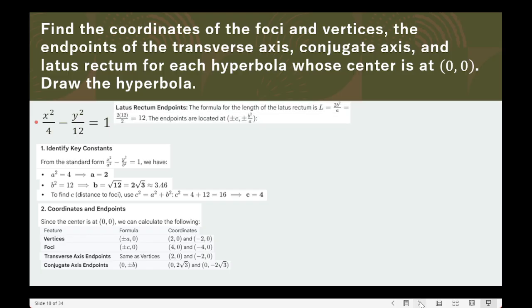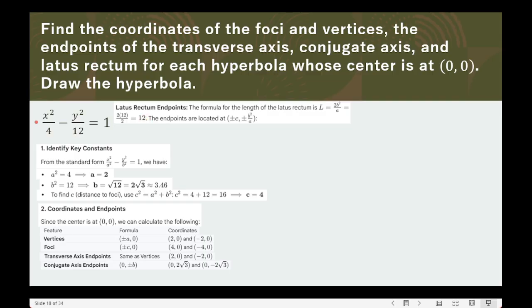Then hopefully this is the last information we need, the latus rectum endpoints. The length of the latus rectum is capital L equals 2b squared over a. Plugging in the values of a and b, we have 2 times 12 over 2, and that gives us 12.